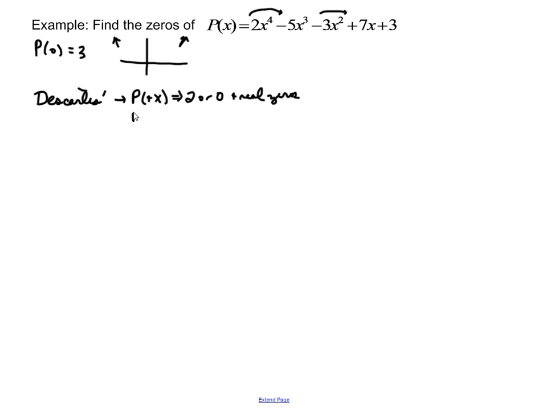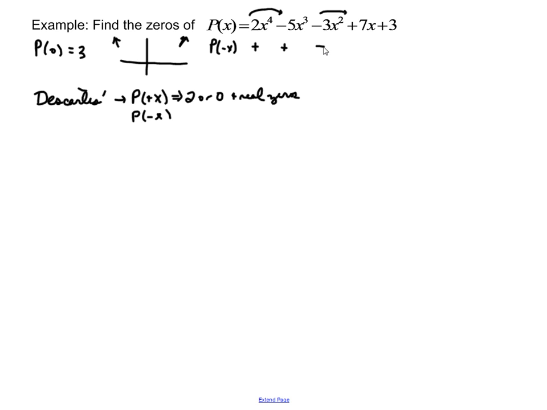And then we would check out p of negative x. Well, p of negative x is going to change the signs of at least some of our terms. For p of negative x, we would discover that we have a positive first term: 2 times negative x to the fourth gives me positive 2x to the fourth. We would end up with a positive second term: negative 5 times negative x cubed is the same thing as plus 5x cubed.